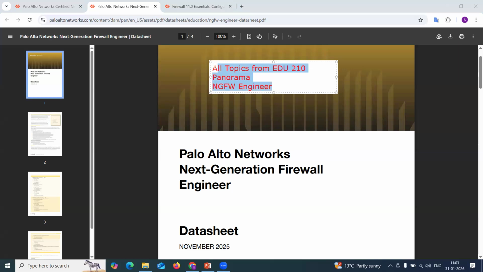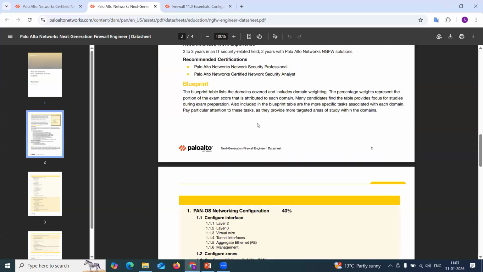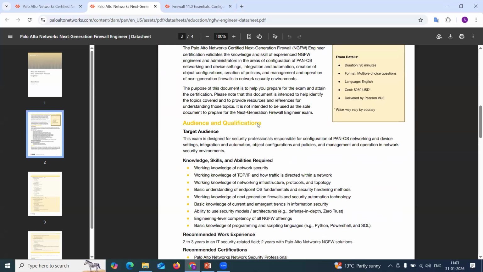I combined all these three things and created a single syllabus which will have all the information. So technically, I'll teach you guys from scratch.